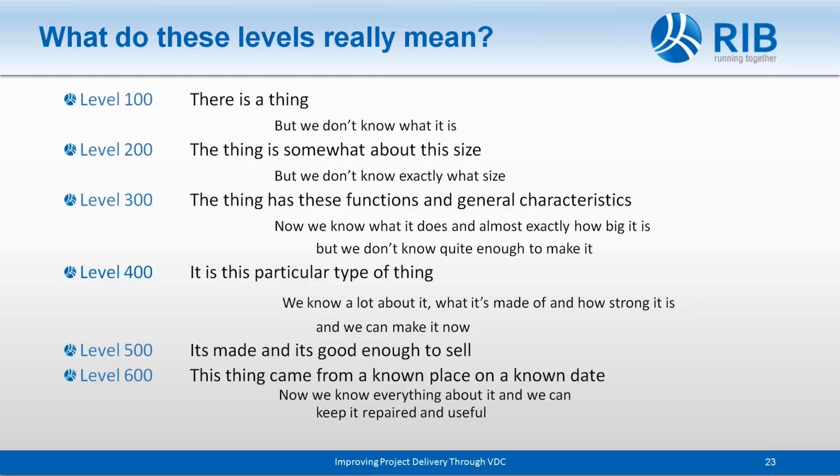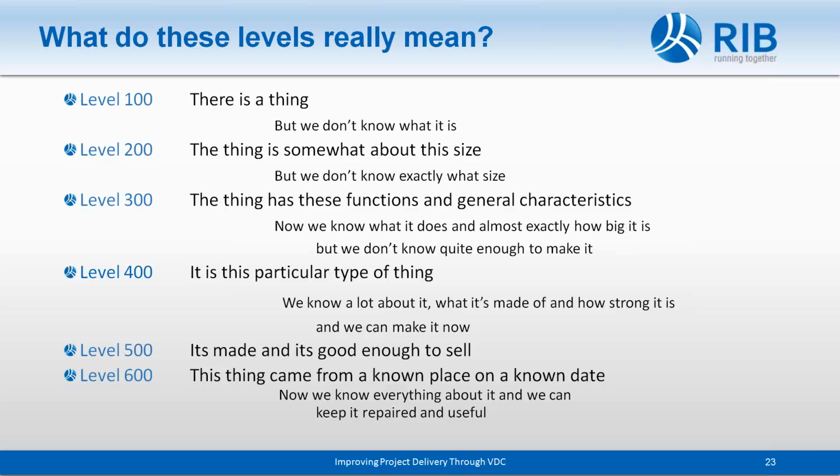At level 200, we know about where it's located and that it's about this size, but there's nothing real specific about it. At level 300, we've now given it some functions and some characteristics. We know what it's supposed to do. We know about how big it is, but not perfectly exactly. We know enough about it, but we don't know enough to properly construct it yet.